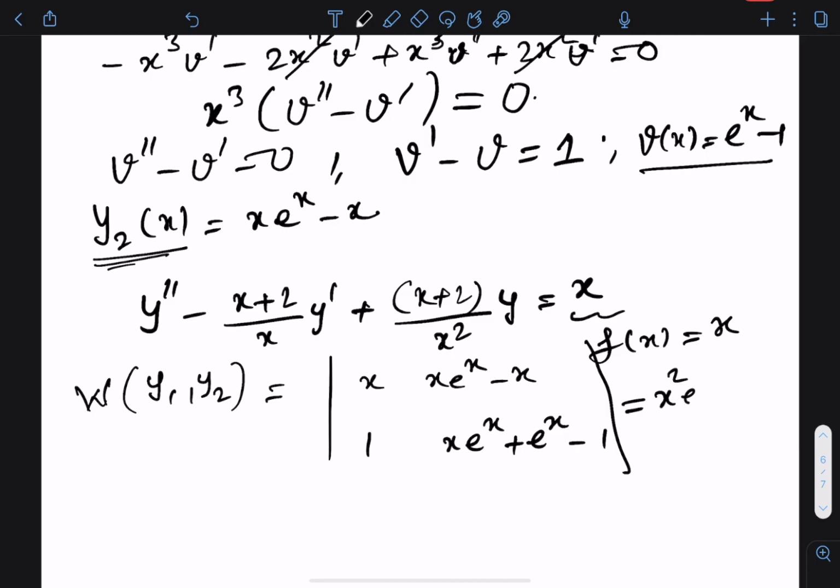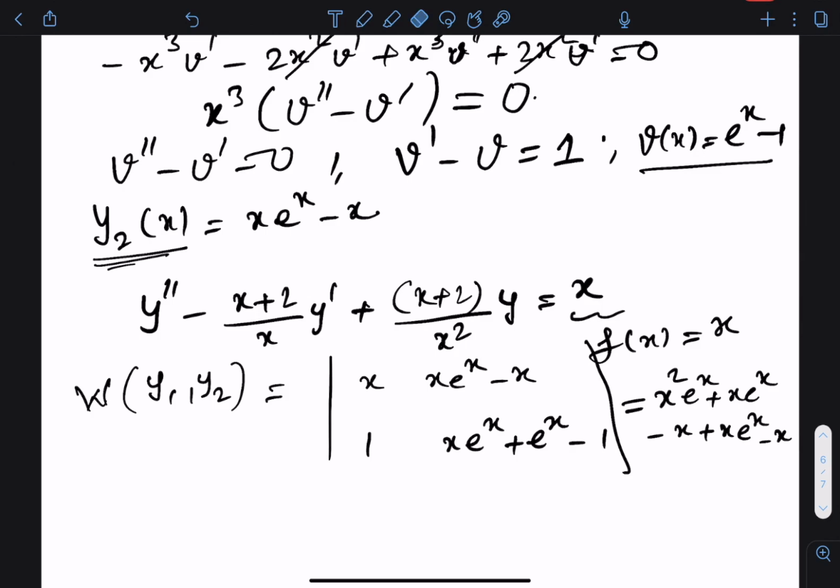x square e power x minus x plus x e power x minus x. No, not plus, it should be minus sign.